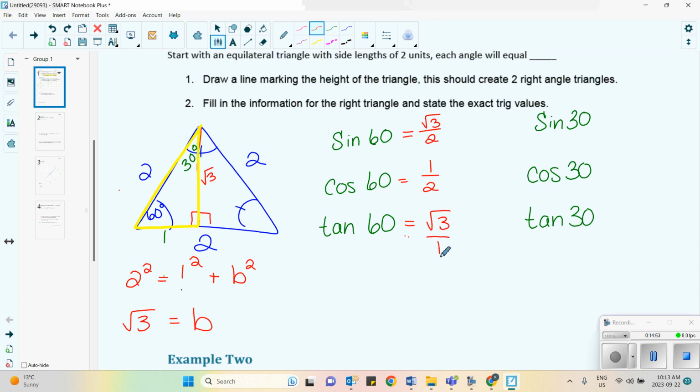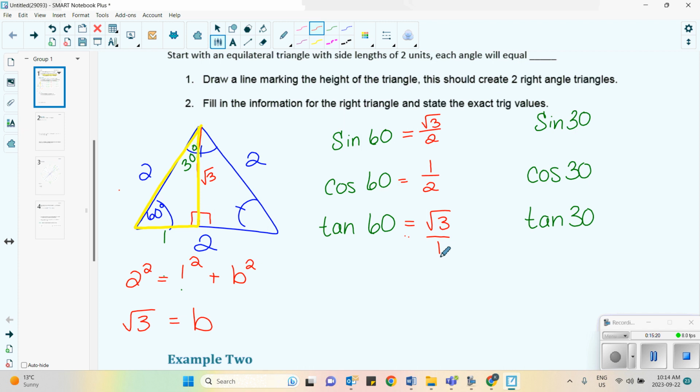Okay, are those your ratios for 60 degrees? Did everybody get those? Which fraction did I do wrong? I'm just writing it like this so people know where I'm getting it from.